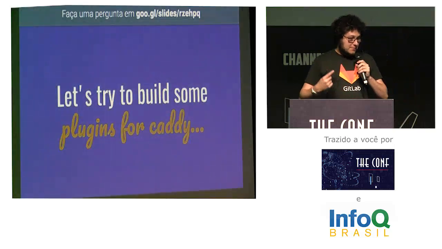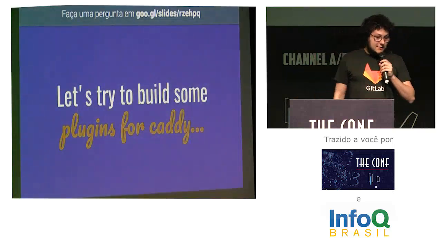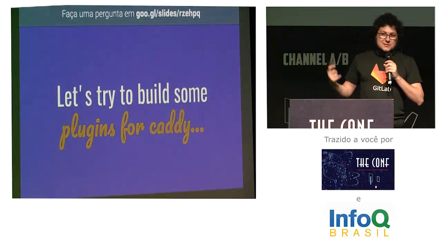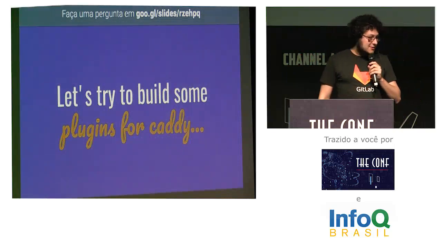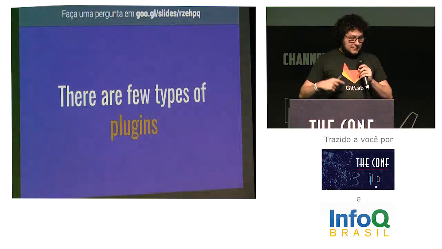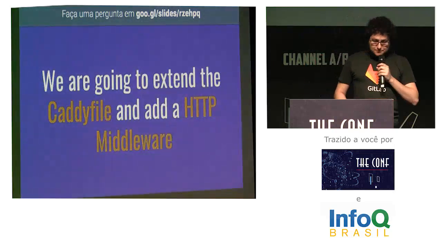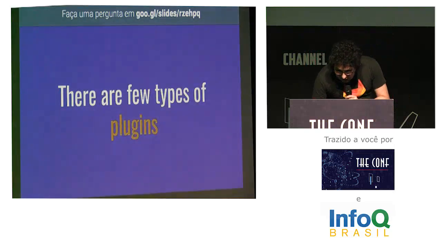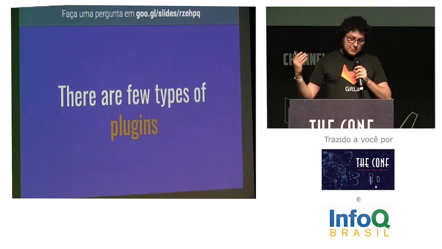Let's try to build up some plugins for Caddy. This is where the Go code starts. There are a few types of plugins. As I said before, Caddy has different types of server.